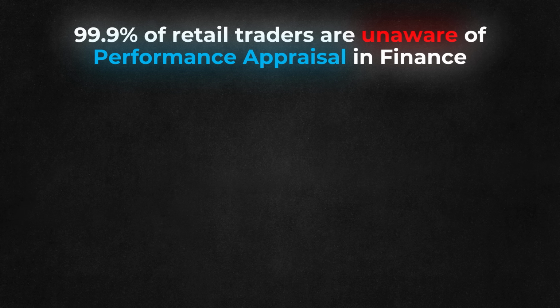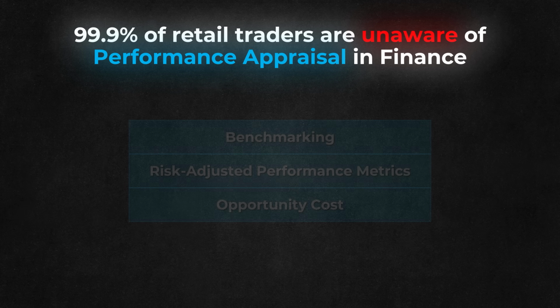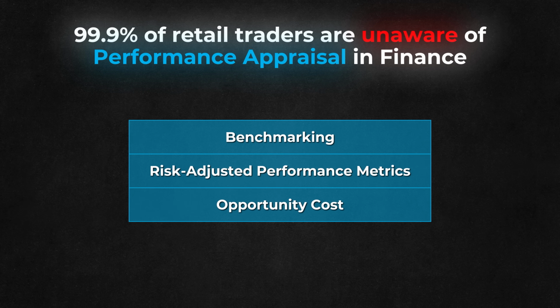Whenever you talk about trading performance, you must keep in mind foundational concepts such as benchmarking, risk-adjusted performance metrics, and opportunity cost. Otherwise, you'll simply mislead yourself. And no, it's not just about making money in the long term, because there are ways of doing that in a manner that doesn't justify the opportunity cost. But that's a subject for another time.